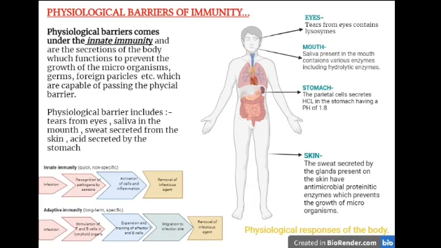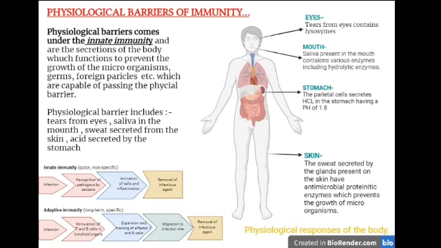Fourth, cytokine barriers. In cytokine barriers, the virus-infected cells produce proteins called interferons to protect the non-infected cells. So this was the overall outlook of the non-specific type of defense, that is innate immunity.